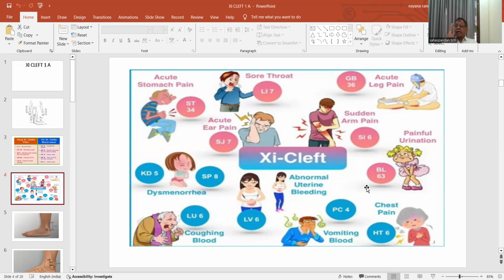The chi of the extraordinary vessels gathers at these points, which makes them particularly powerful points to influence the chi of the vessels. They can be used in combination with the opening points of the extraordinary vessels.